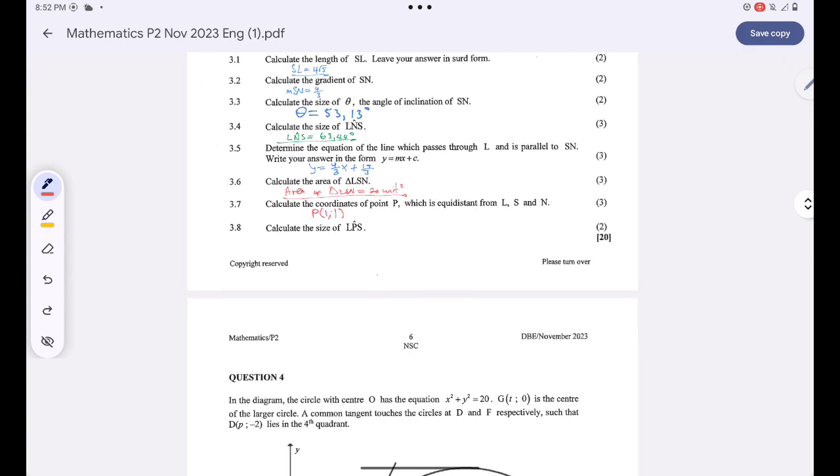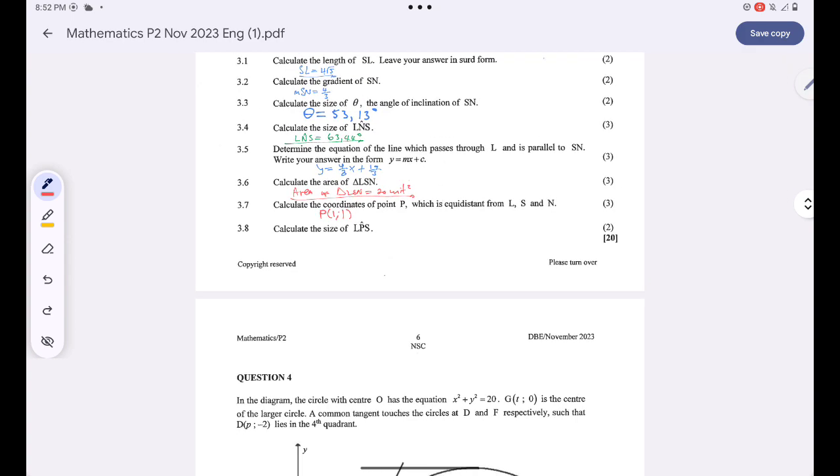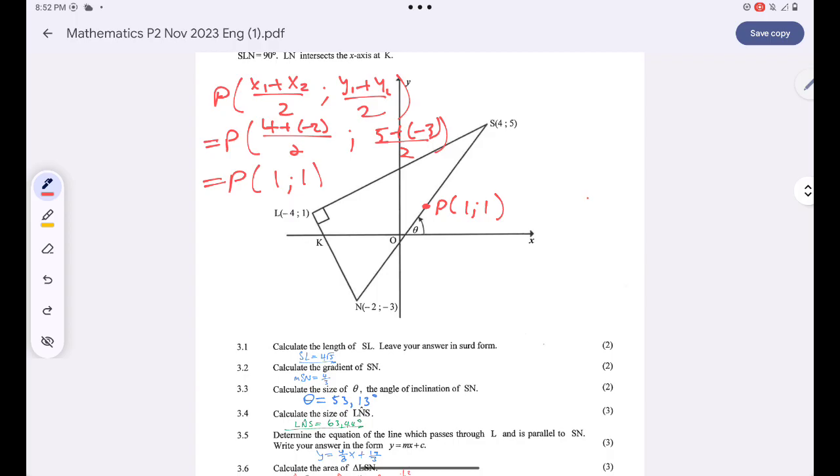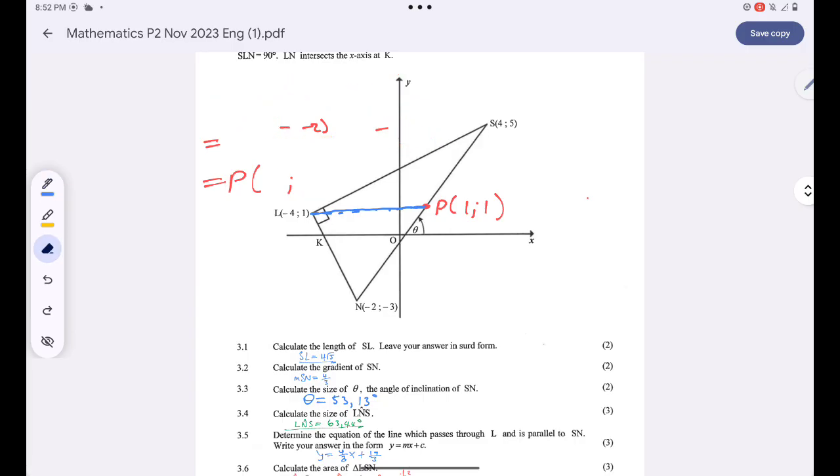Okay, now you're supposed to calculate the angle LPS. Let's just construct here. LPS. Remember that, guys, I said that P is the center.